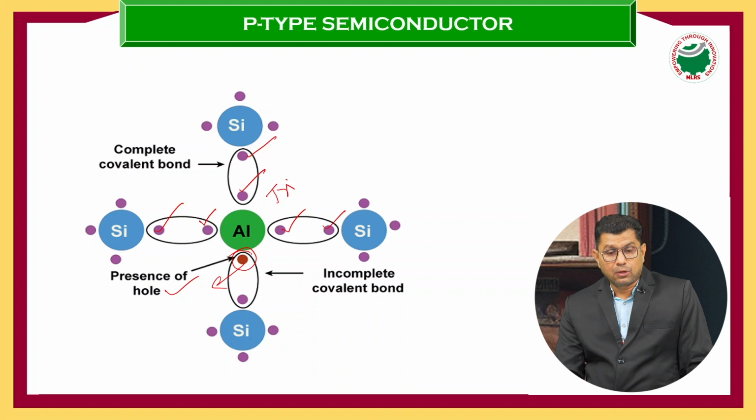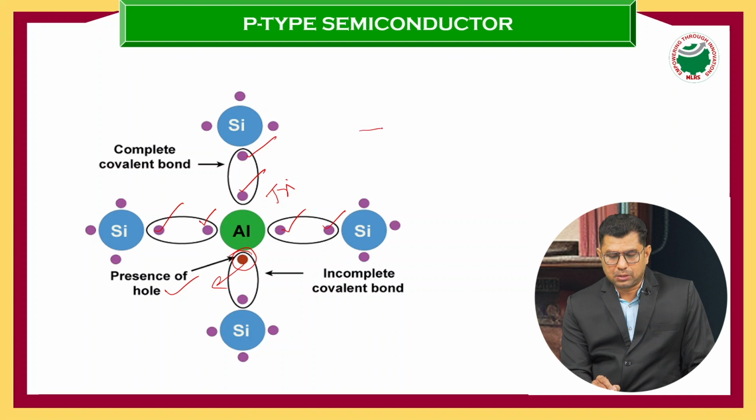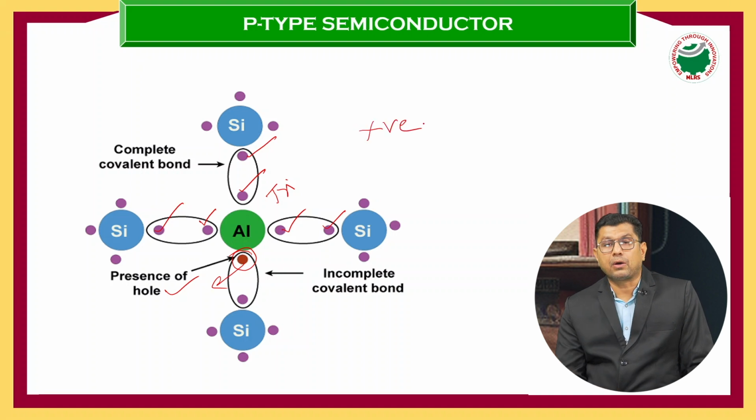So whenever we are adding trivalent impurities to an intrinsic semiconductor, holes are the majority charge carriers. What is the holes' charge? Positive.